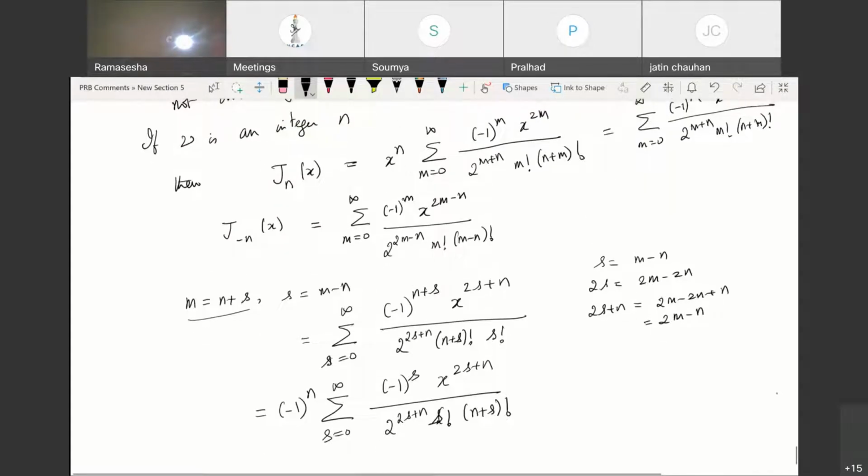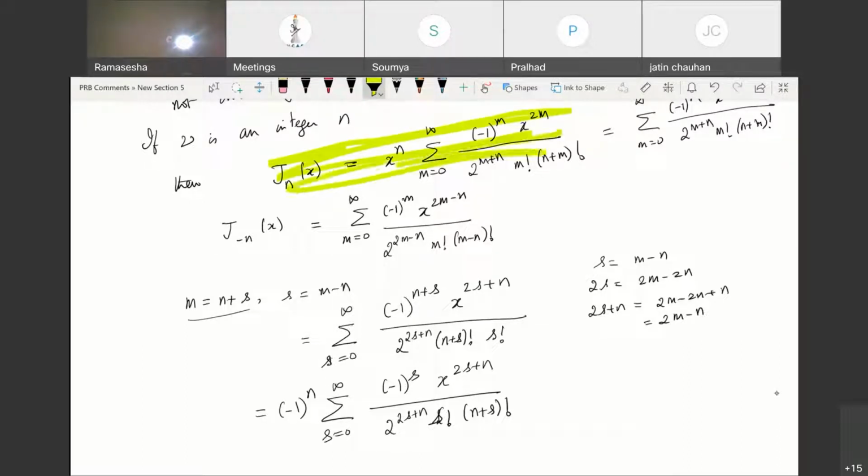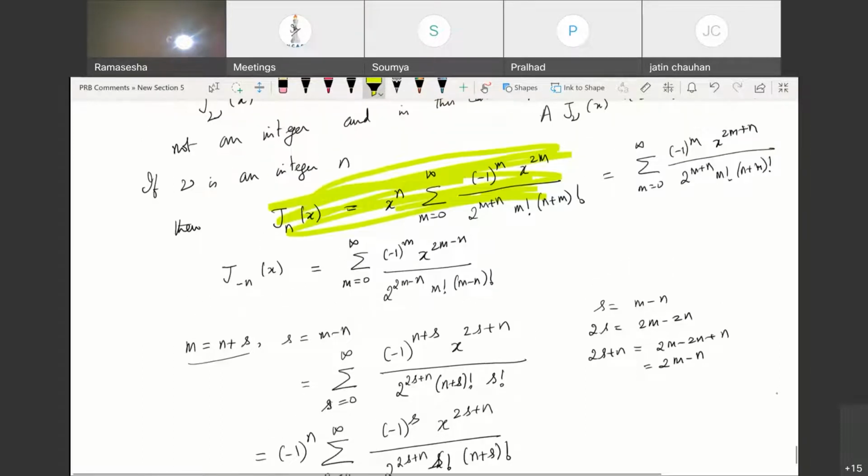So what do you see? You compare this equation, okay, with, or if you want, this equation, because I have taken n inside.